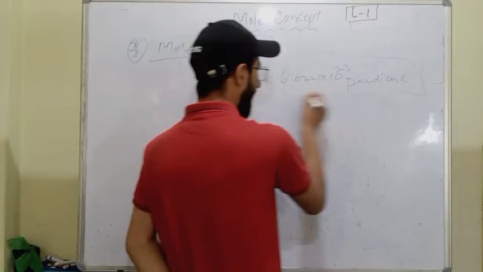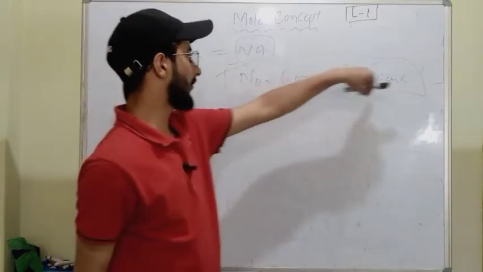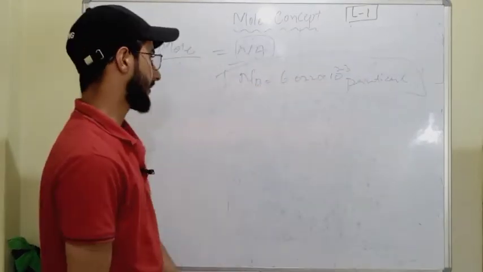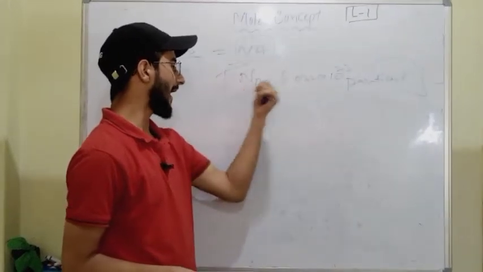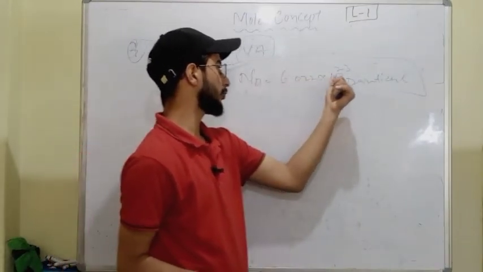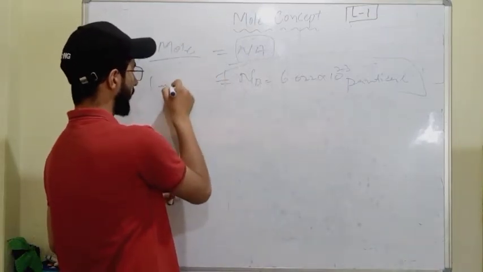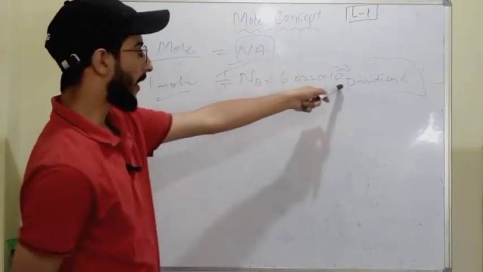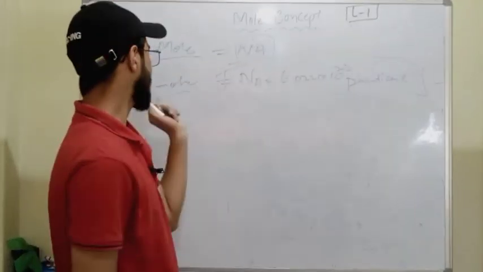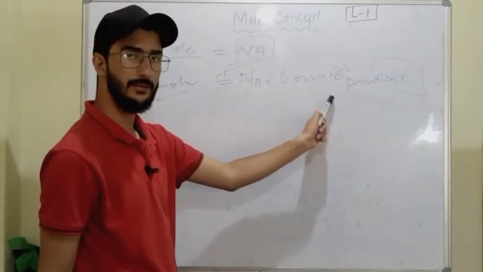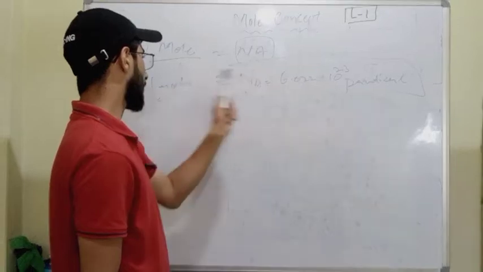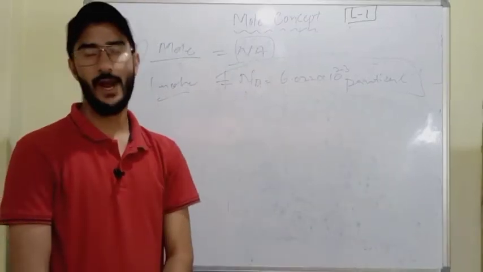Which means whenever I'm having this much of particles, the Na particles, 6.022 into 10 raised to power 23, I call it 1 mole. If I'm having twice this number, I will call it 2 mole. If I'm having thrice this number, I will call it 3 mole, and so on.